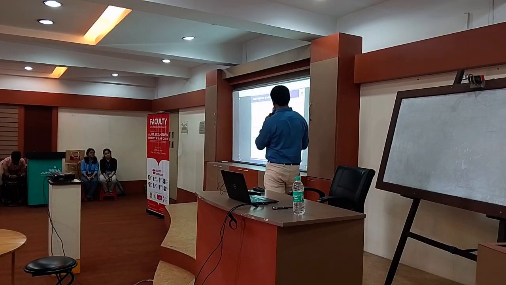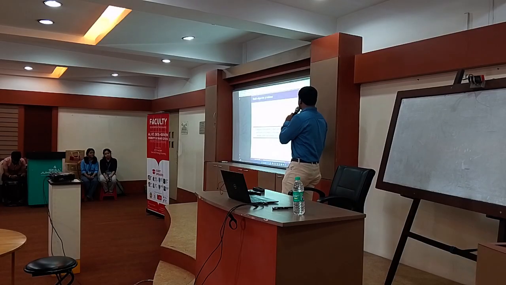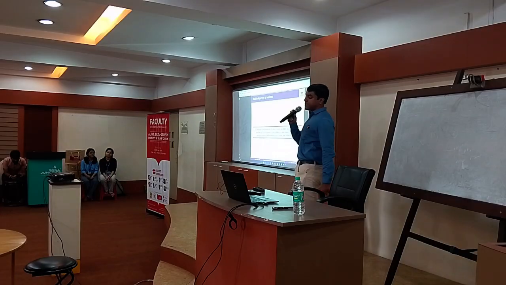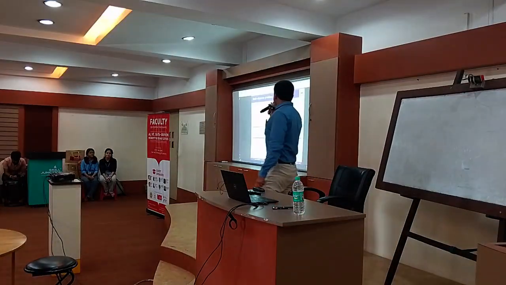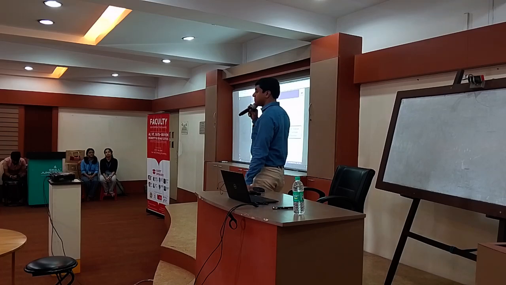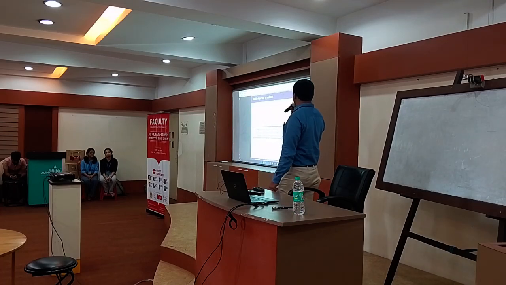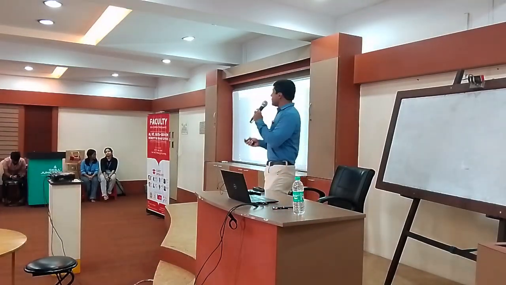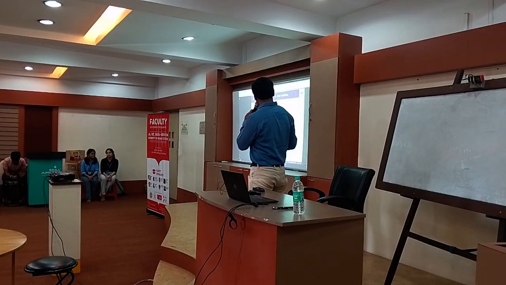A solution is non-inferior if there exists no other feasible solution with better performance with respect to any objective without having a worse performance for at least one other objective. What does it mean? It means that when you are considering a particular solution, for example, suppose this solution, okay.